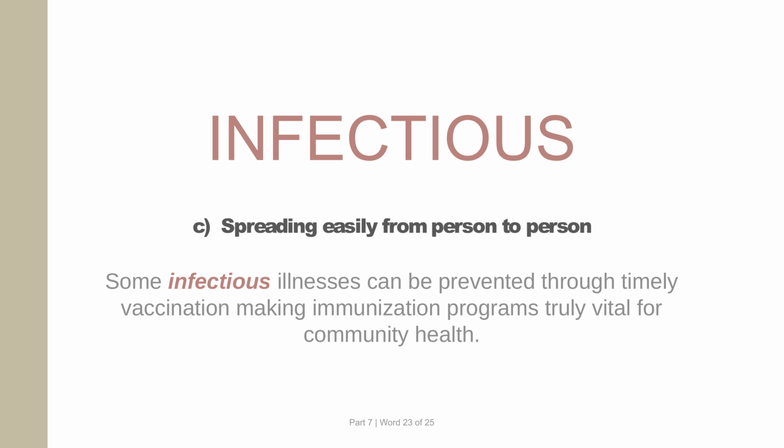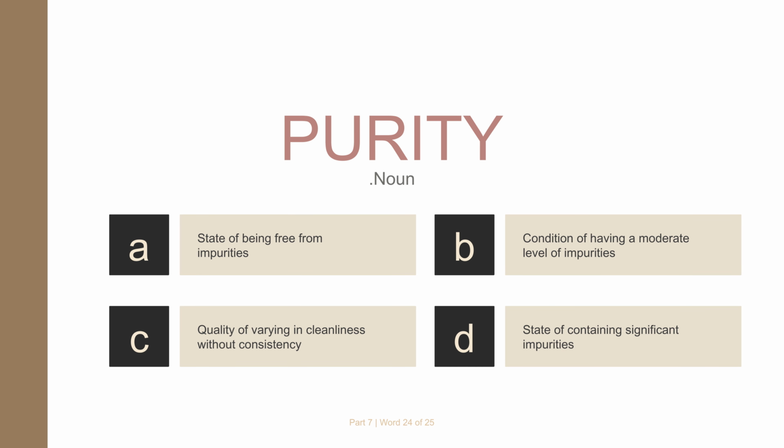Example: some infectious illnesses can be prevented through timely vaccination, making immunization programs truly vital for community health. Question 24. What is the meaning of purity? Option A: state of being free from impurities.